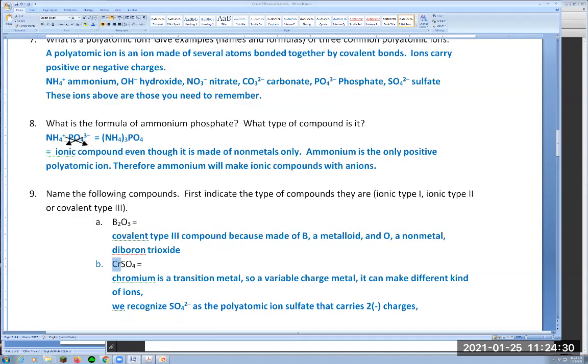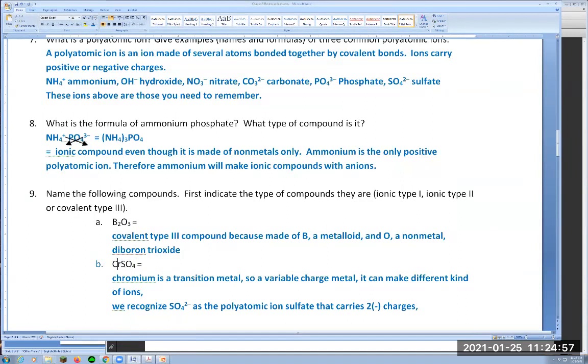We have a type 2 metal, and so we need a Roman numeral to say what is the charge on chromium in this compound. Because we have one sulfate with 2 negative charges, so we have 2 negative charges in total, and we need to cancel them with 2 positive charges. And we have only one chromium. So that chromium will have to carry the 2 positive charges.